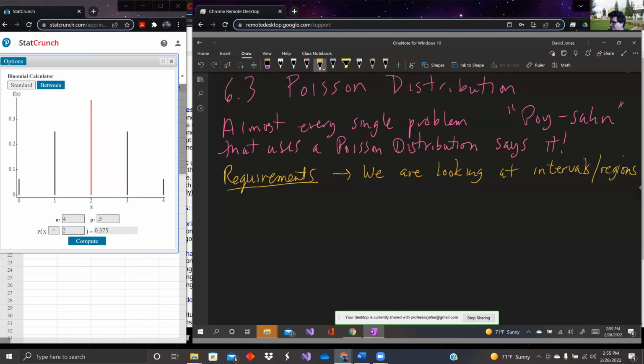That kind of idea. So for an interval or region, we want the probability of 2 or more successes to be 0 if we make the interval small enough.